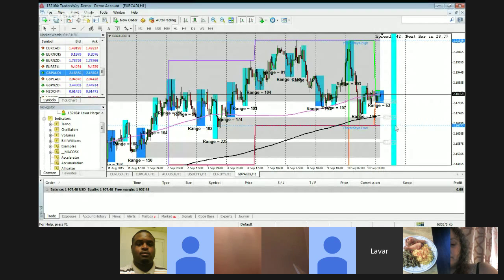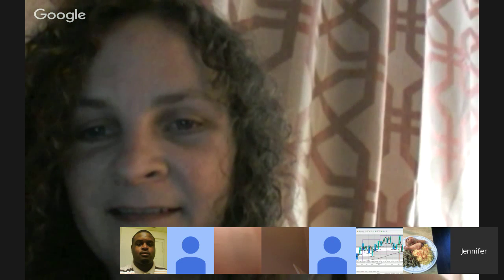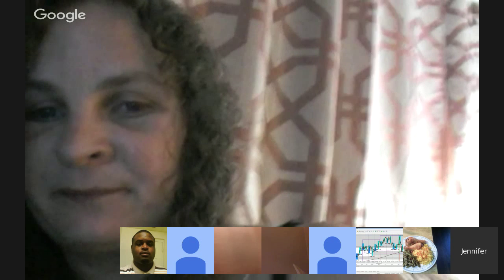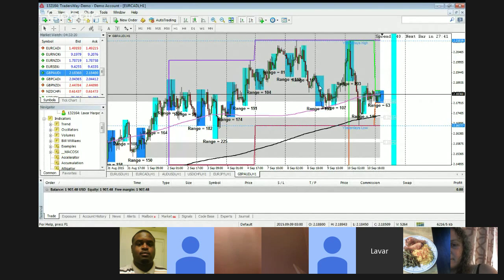But yeah, I would say that GBPAUD would probably continue on the third level of drop and take out yesterday's low. That's my prediction, because it's only ranging 100 pips in New York, and it's well over 200, damn near 300 pips away from the high.